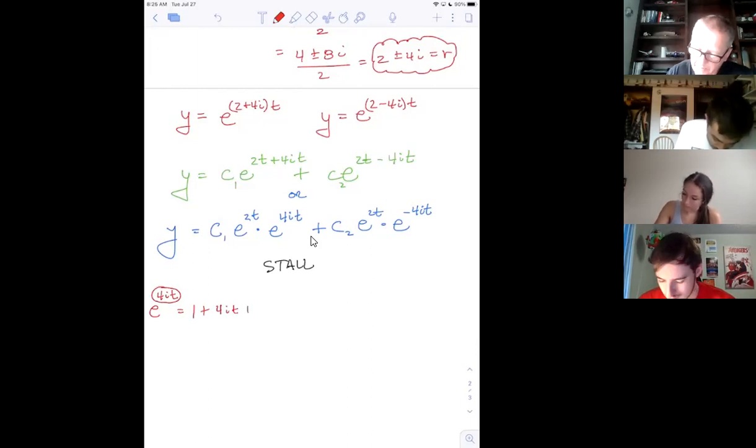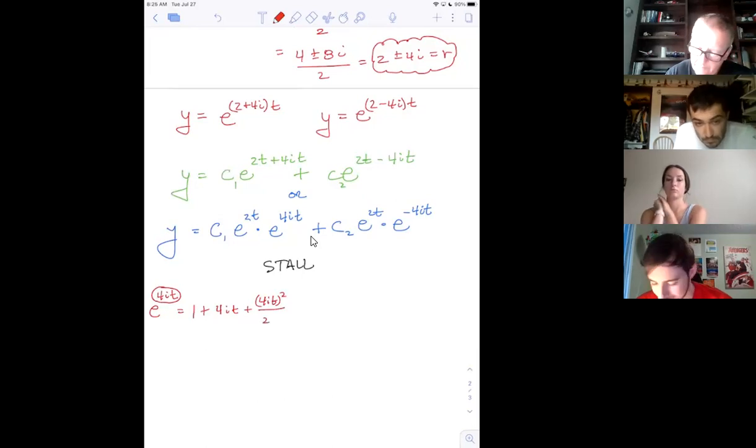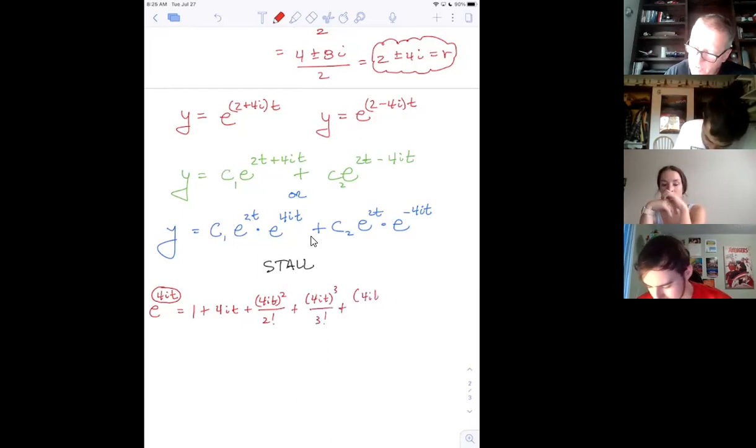And then it was plus x squared, so I'll write it as 4it squared over 2 factorial. And then plus 4it cubed over 3 factorial plus 4it to the 4th over 4 factorial plus 4it to the 5th over 5 factorial.